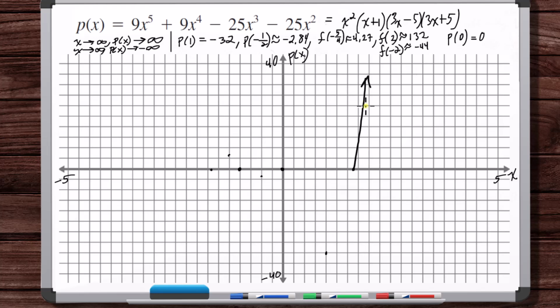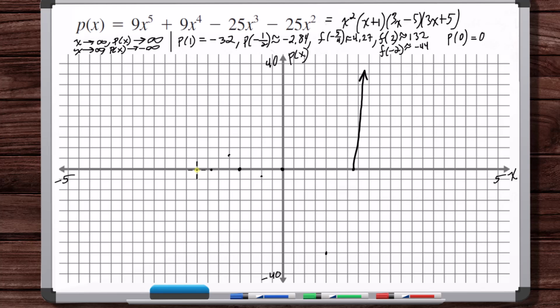I didn't draw that steep enough, because when it gets to the vertical line here, it has to be at 132. So like that. And then here we've got f of minus 2.